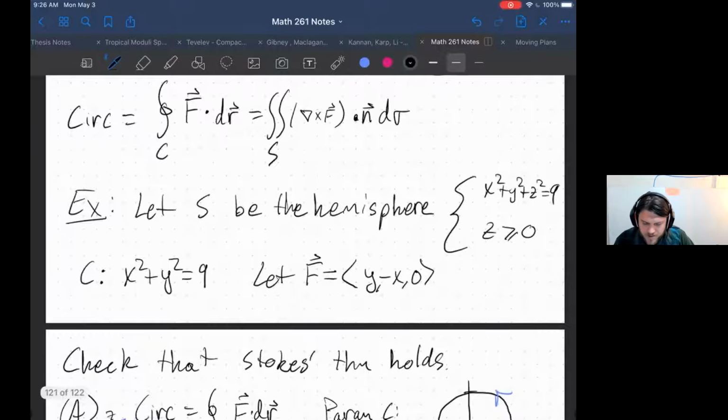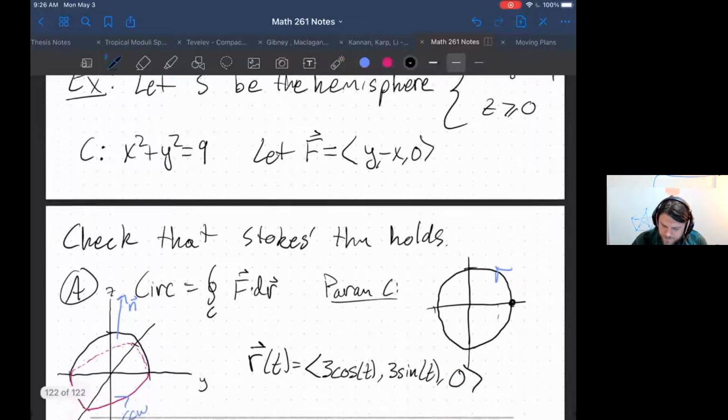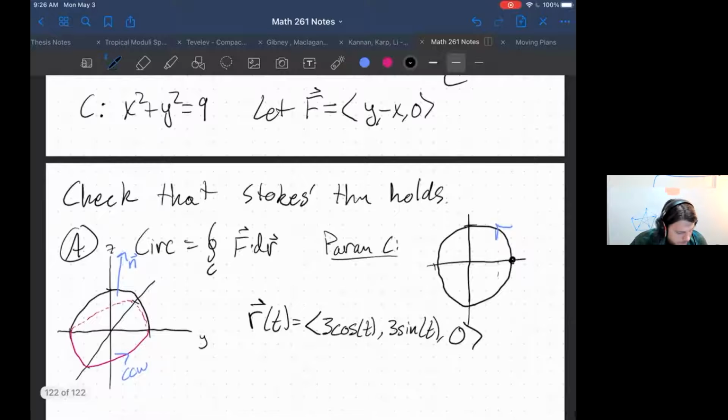We probably should, since our vector field was given in 3 dimensions. Even though there's a 0 in our z component for the vector field, we still probably should write out our parameterization of this curve in 3 dimensions, since that's what Stokes' theorem is telling us about. It just so happens in this example that we are setting the z component equal to 0 in both cases. Anyways, there's our parameterization of the curve.